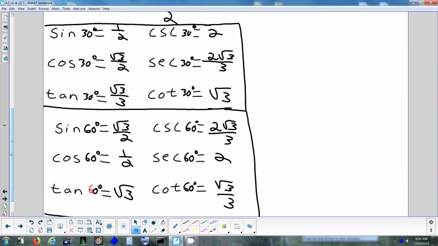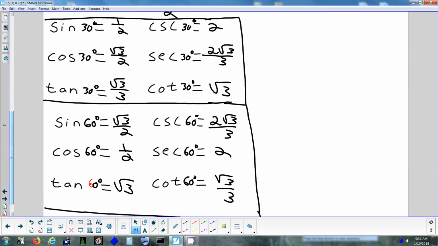Okay, so now looking at those numbers, does anybody see a pattern? Sam? The sine and cosine switch. Okay, so let's just kind of put a box around that. So those 2 answers switched places. The sine and the cosine.